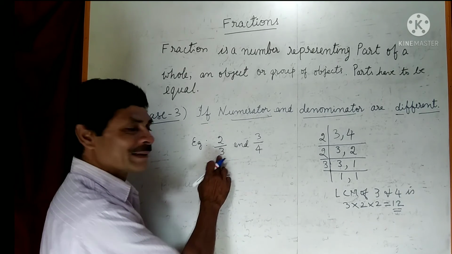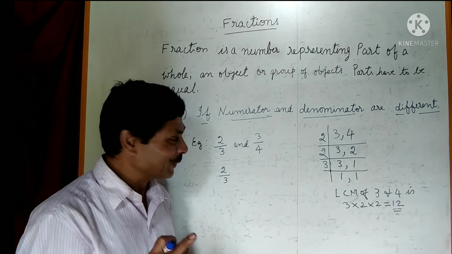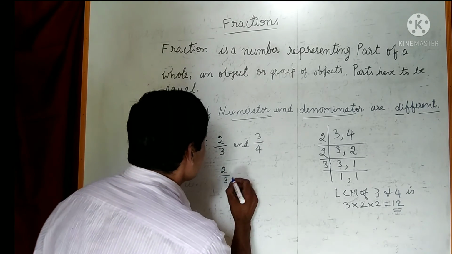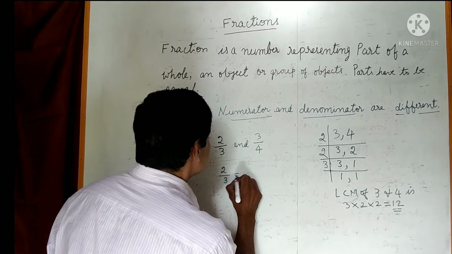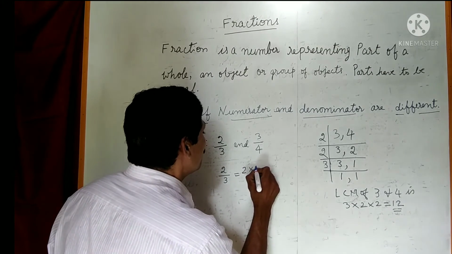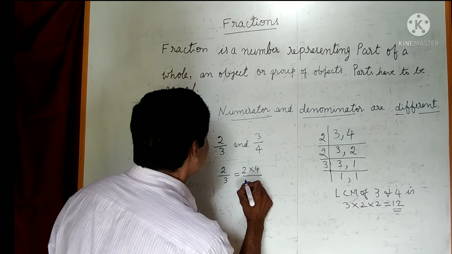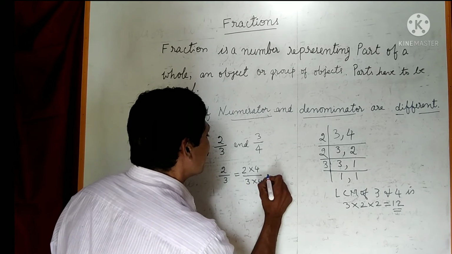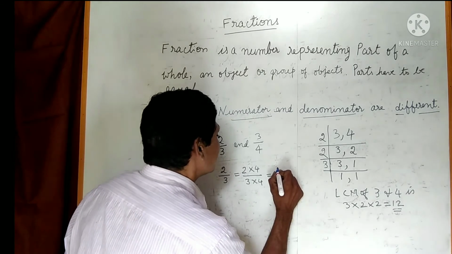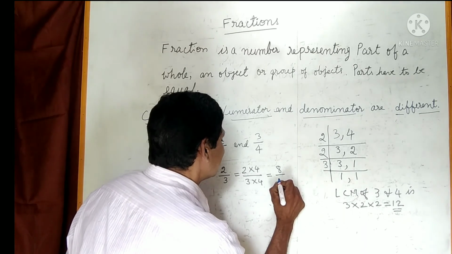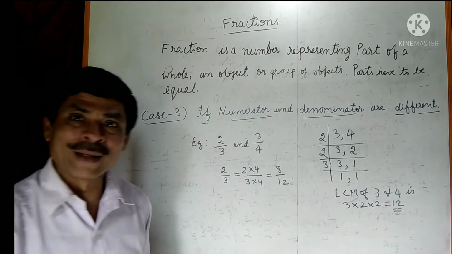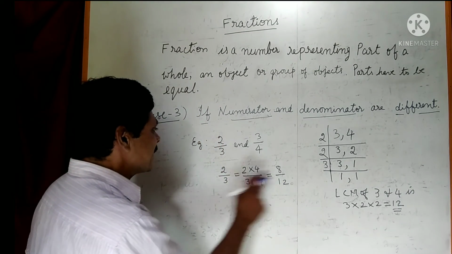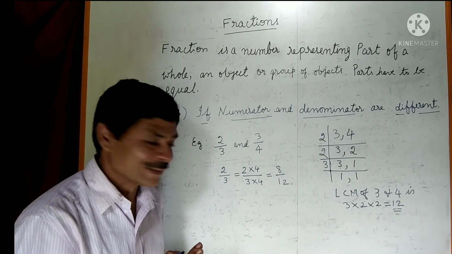We will get 4. Okay? 2 by 3 is equal to 2 into 4 divided by 3 into 4. So that 8 by 12. Okay? This is equivalent to this.